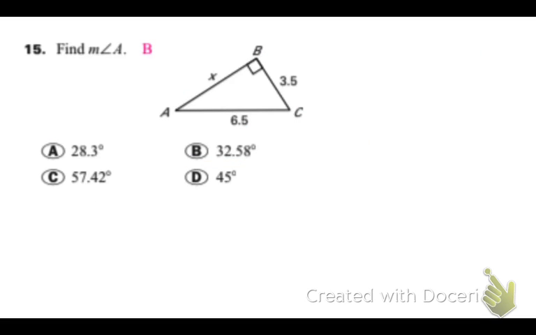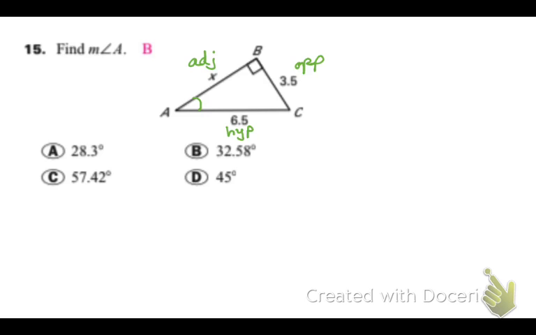Okay, 15, measure A. So we're going to find the measure of angle A. So here's our angle A. If we look at A, 6.5 is our hypotenuse. This is our opposite, and the x is adjacent.